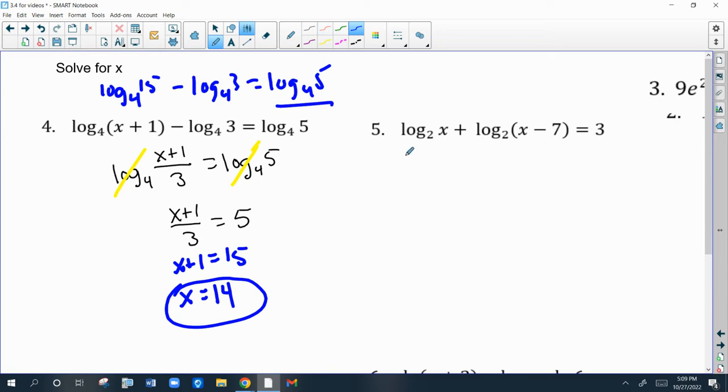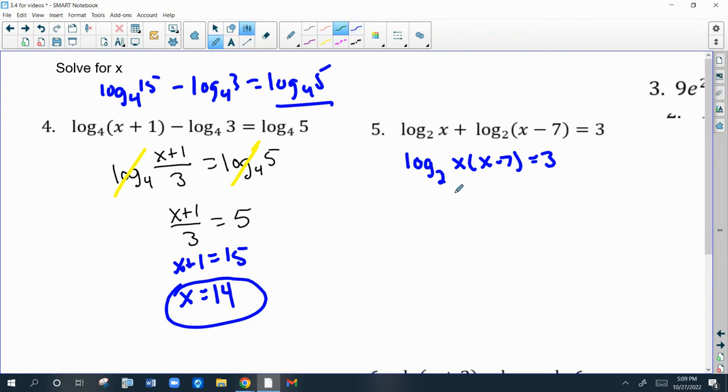You always condense. So log base 2 of x plus log base 2 of x minus 7 will give you log base 2 of x times x minus 7. Now this equals 3. So once we have it condensed to a single log, we want to change it to an exponent.